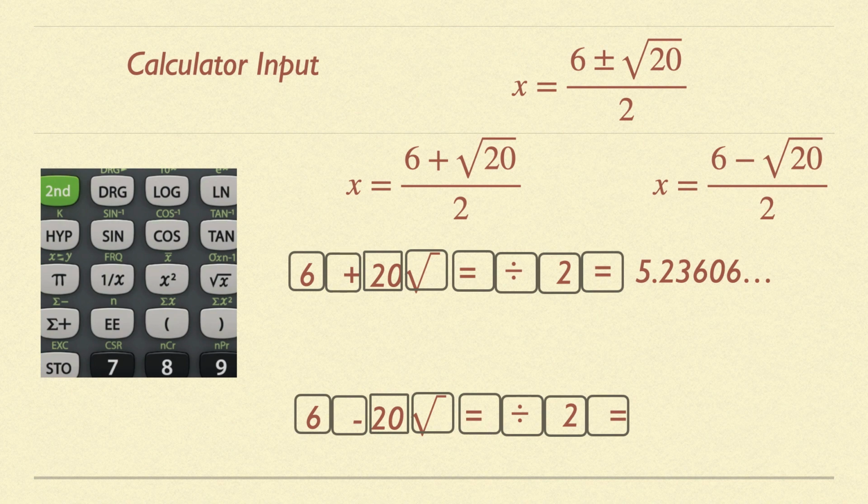Did you get 5.23606 and so on? Now take a minute and do the second one: 6 minus 20 square root equal divided by 2 equal. And did you get this answer?